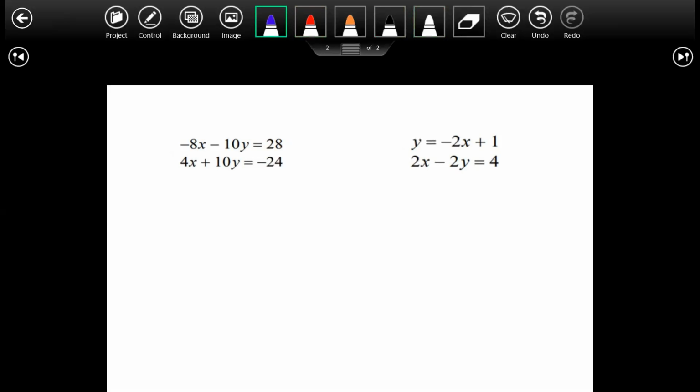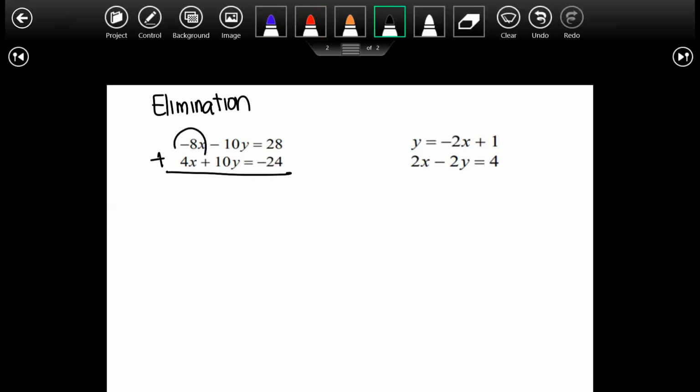If the columns are lined up and we have opposites, what are we going to use? Elimination. For our first example here, we're going to use elimination. We're going to go ahead and add these rows together.